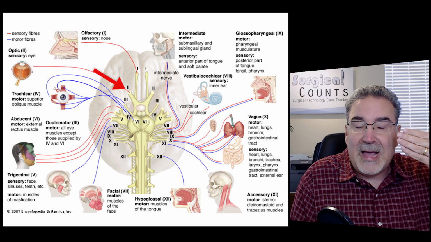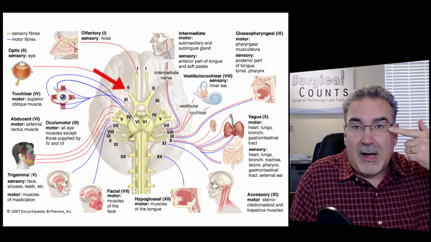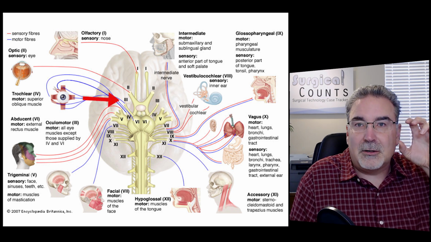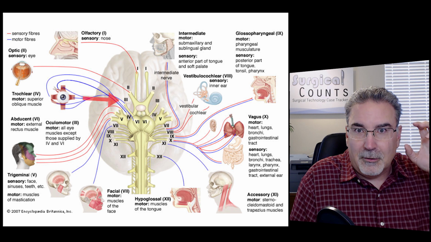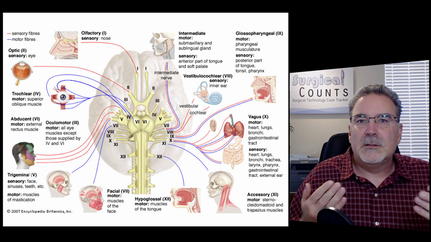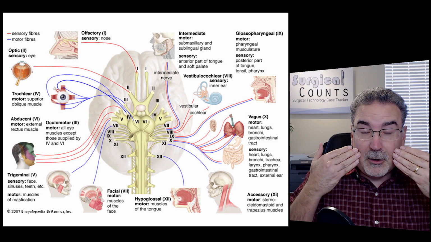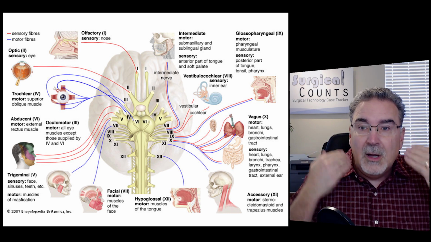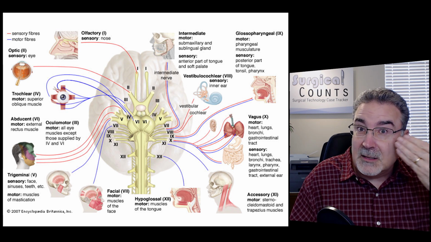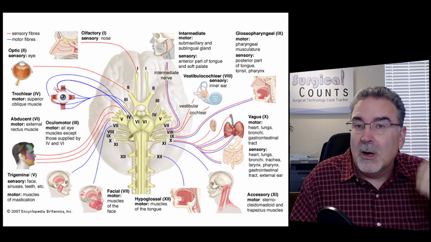And then behind that, the next thing that you're going to hit is your eyes, so the optic nerve. And then the muscles behind the eye, that's going to be the oculomotor nerve, and then so forth and so on backwards throughout the brain. So the facial nerve, number 7, is going to come just slightly before the vestibulocochlear nerve for the ears, number 8, because the face is just a little bit before the ears.